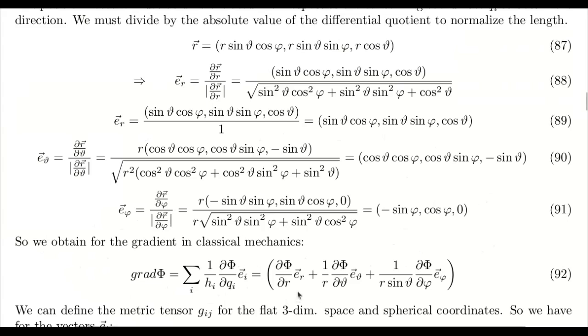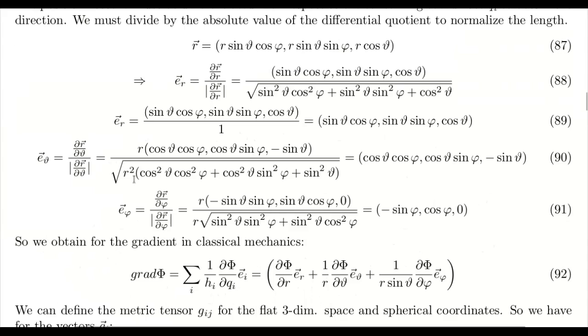Then, in the first component r, e_r, there was no factor. We had only 1 here in the denominator, so here is no factor in the first coordinate.